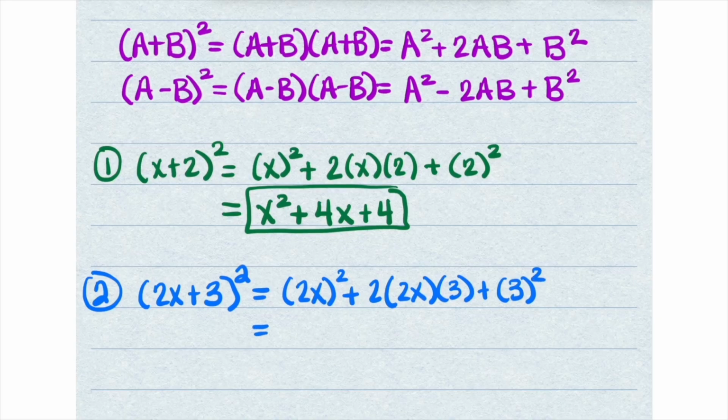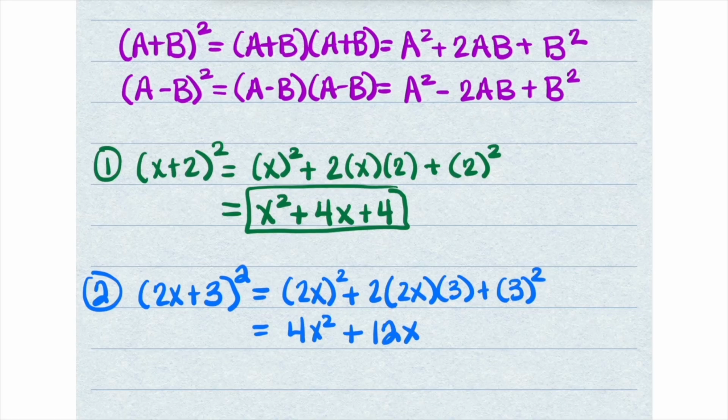So 2x squared, 2 times 2 is 4. X times x is x squared. So that's going to be 4x squared plus 2 times 2x times 3. 2 times 3 is 6. 6 times 2 is going to be 12. So that is going to be 12x.